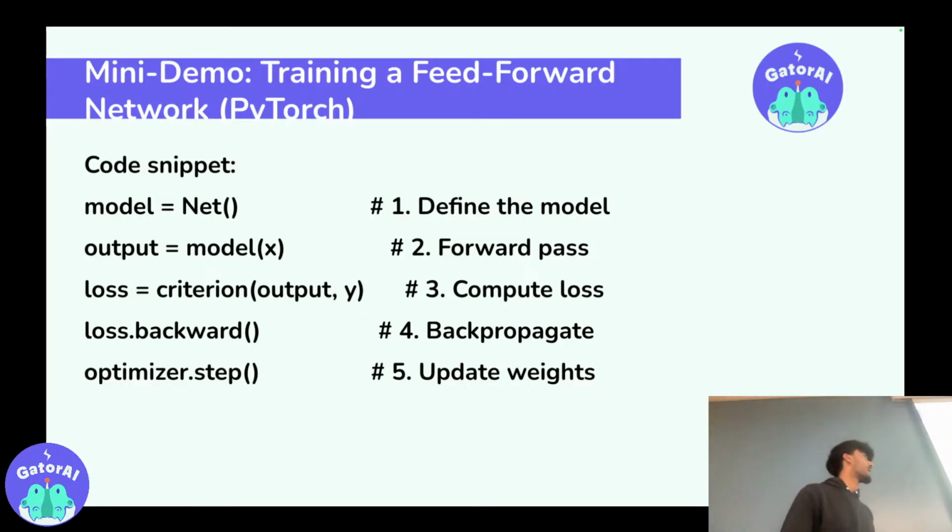Then this is the forward pass. You compute the loss. This is for backpropagation. And this is for updating weights. If you get these and learn more about them on other websites, this will be your best friend. If you run this on something like MNIST digits, or just simple regression data, your model will actually start learning.